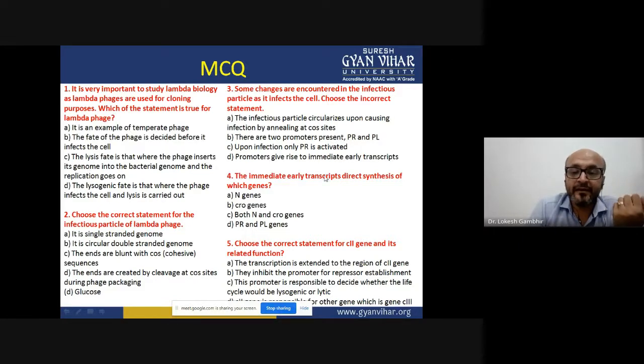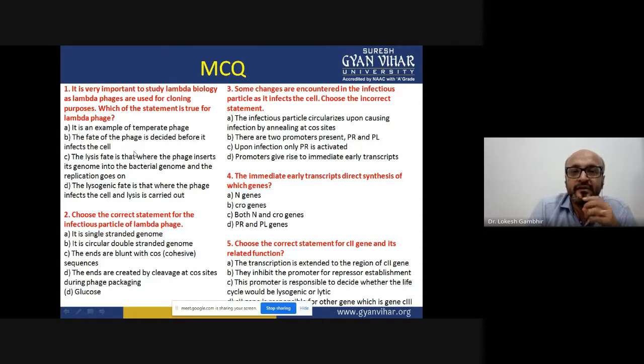The immediate early transcript directs synthesis of which gene? First of all, the immediate genes which are transcribed. What are those genes? Is it N, CRO, PR, or PL? Or which one of them is correct about lambda phage? It is a single strand genome. It is a circular double strand genome. The ends are cos sites. The ends are created by cleavage at cos sites.